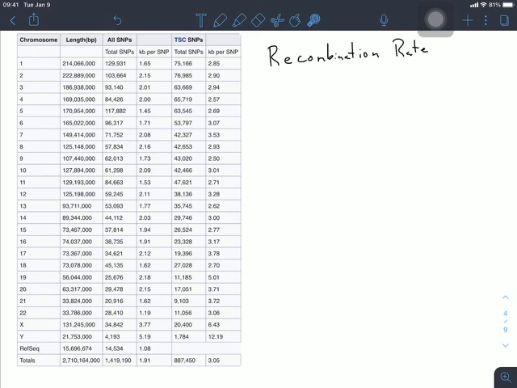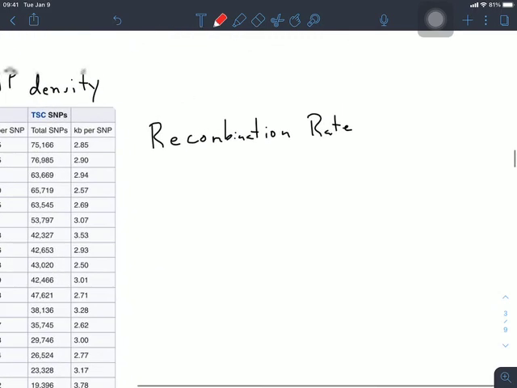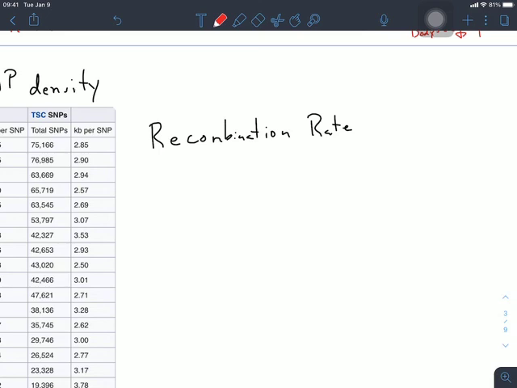The thing of note here is to take a look at the SNP density on the X and Y chromosomes, those for which recombination rates are suppressed. If recombination rates are suppressed, like between the X and the Y, you actually get fewer numbers of SNPs. So it's more kbs per SNP. Again, because recombination rate plays a huge role in SNP density.